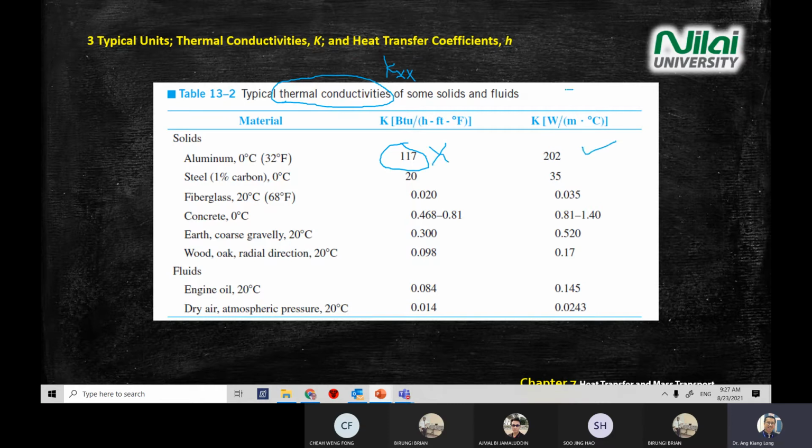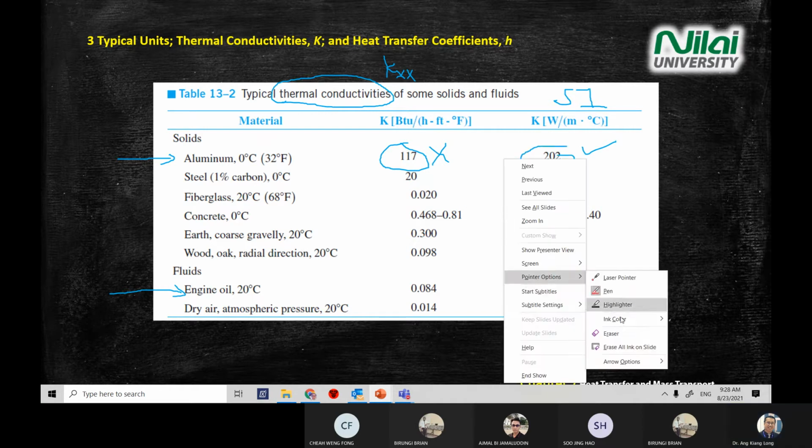This side is SI units, so you use 202 if the exam uses aluminium as a solid material. All this you can read. If you are using fluid, you use this value; if you are using solid, you use this value.